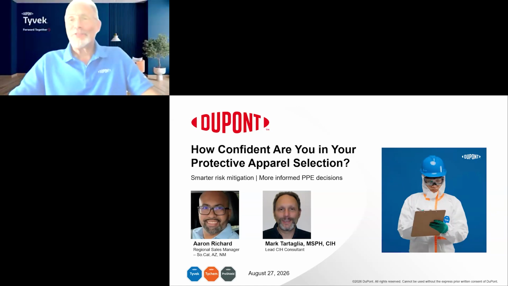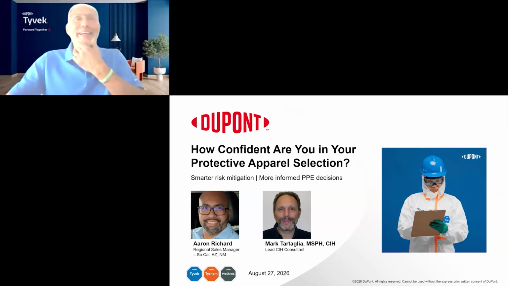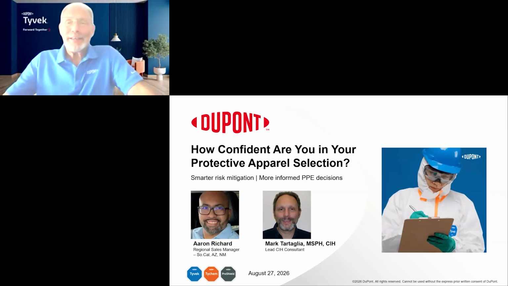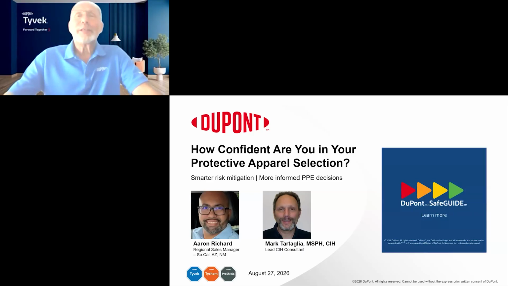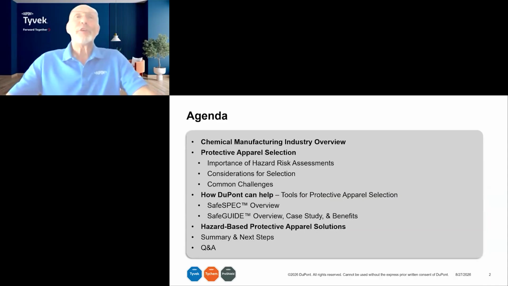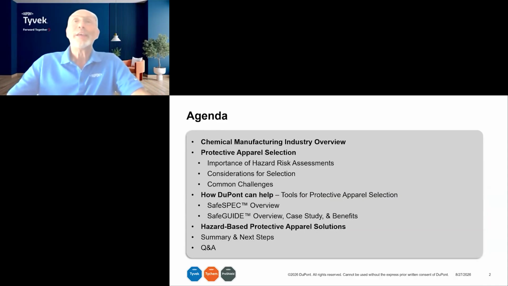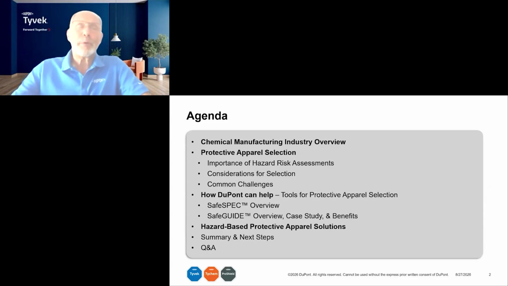Indeed, that's the case. So thank you, Scott, and I appreciate everybody here today, no matter where you are around the globe. Looking at our agenda, we will start with an introduction to the industry we're focused on today, which is chemical manufacturing. We'll provide an overview of why chemical protective apparel is important to keep workers in this industry safe. Next, we'll talk about the aspects involved with the selection of protective garments: hazard risk assessment, selection considerations, and addressing some of the challenges you folks are faced with.